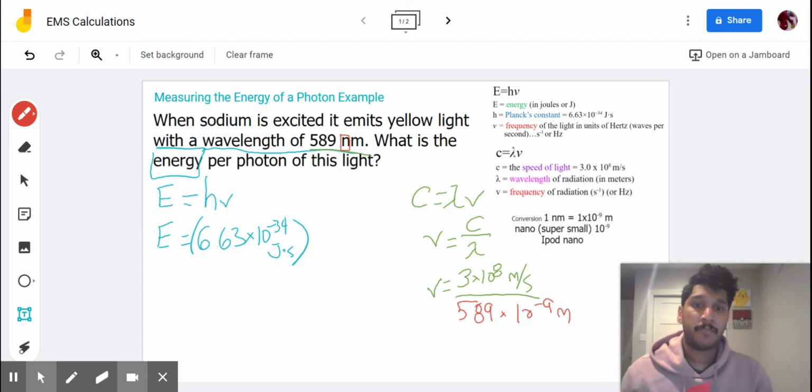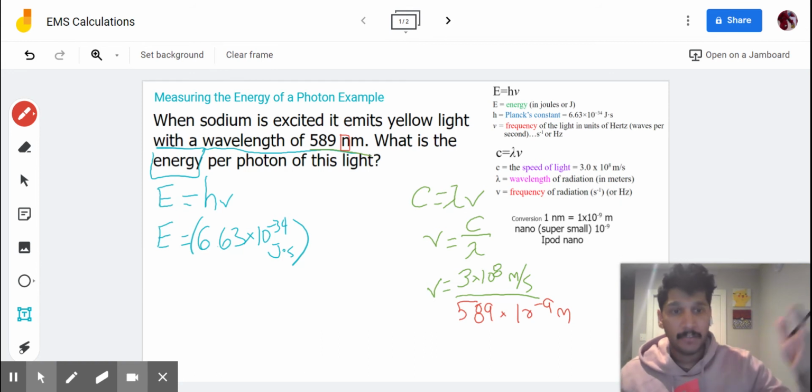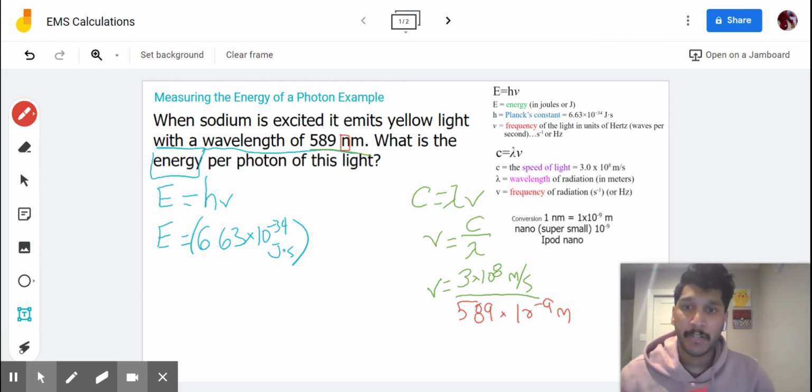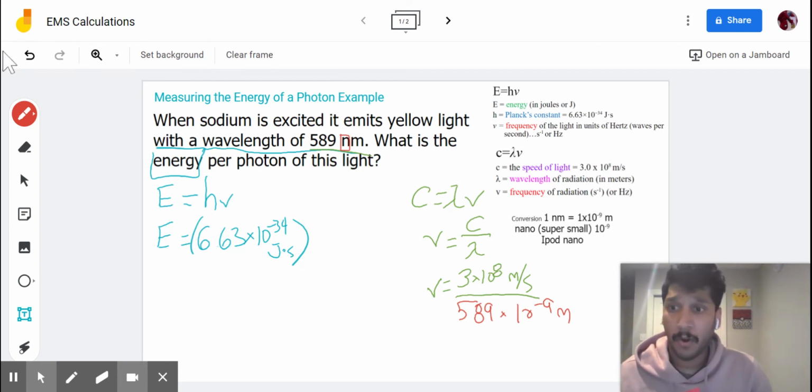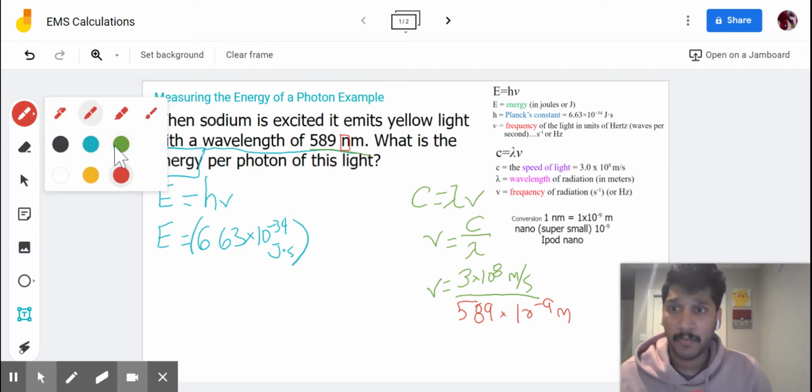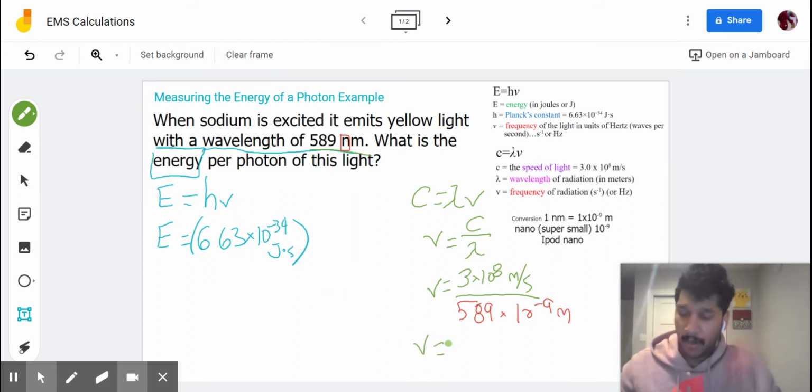Now we have this super small number compared to this much larger number, which is why colored light is usually measured in nanometers, because of how small those wavelengths are. Now we can finish solving for our frequency. I'm going to flip back over to that green, and we're putting it in our handy dandy calculator.